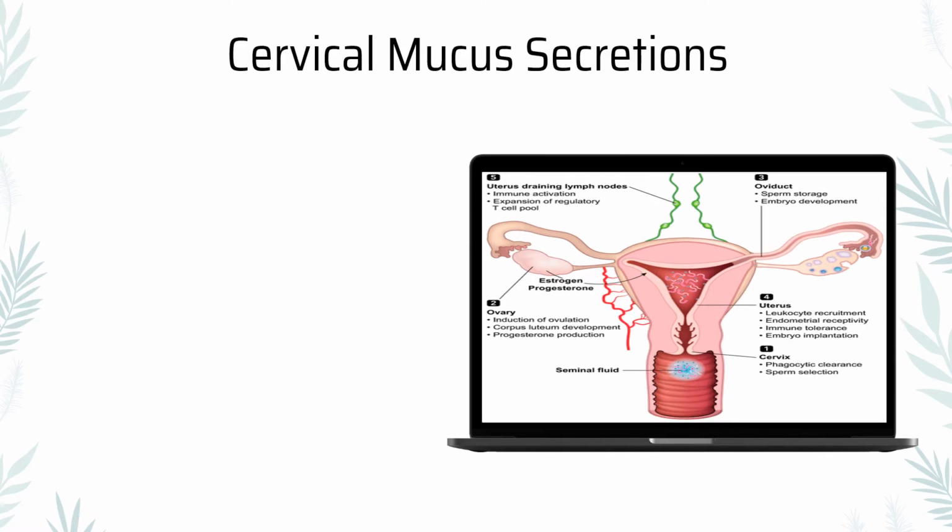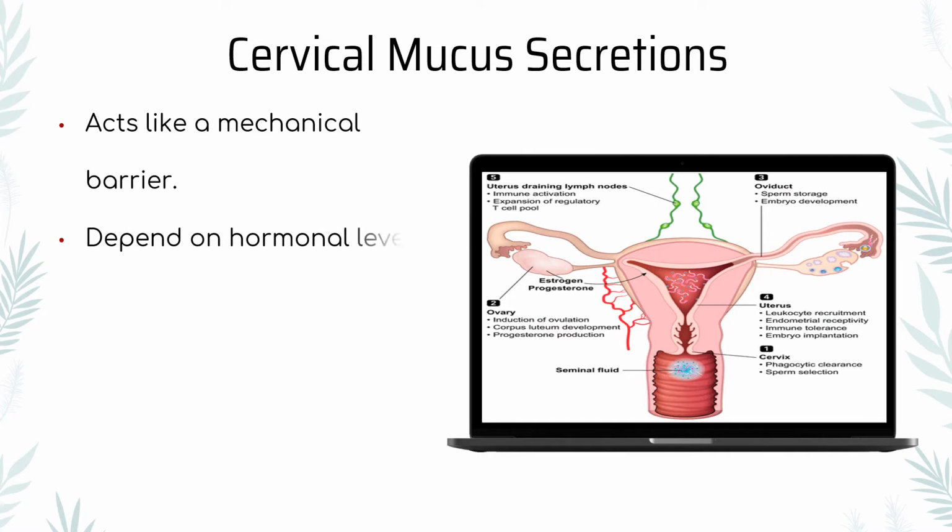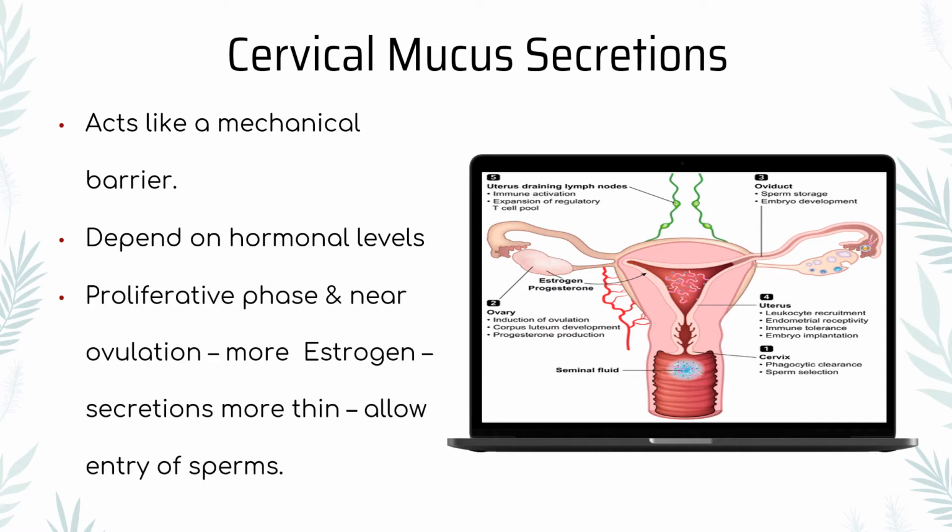Cervical mucus secretion. Cervical secretion acts as a mechanical barrier for the sperms. The nature of the cervical secretion depends on the hormonal secretion in the plasma during the proliferative phase of the menstrual cycle and at the end of ovulation.